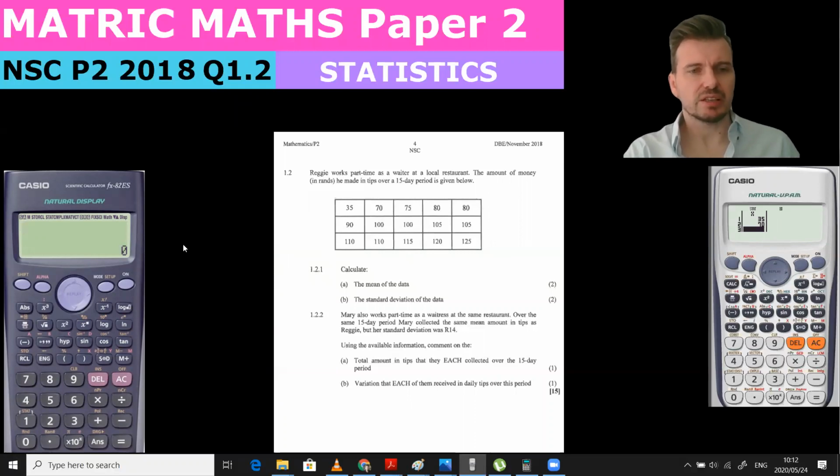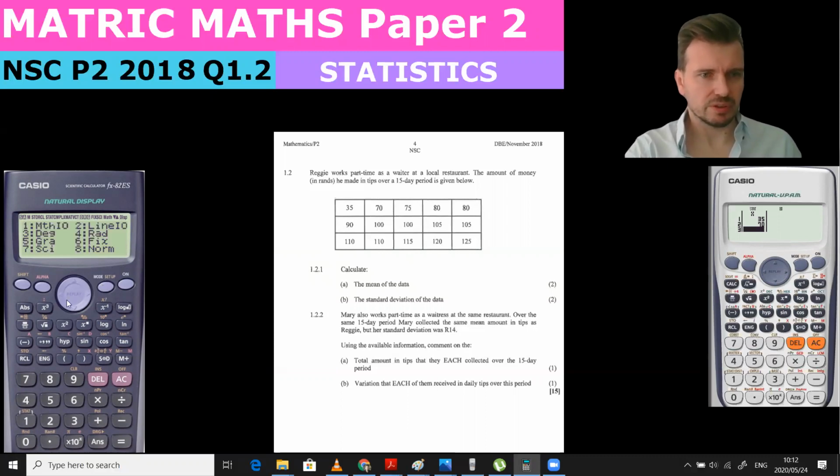But if you get a question with a frequency table in, it's handy that it's already in the mode with a frequency. So on our FX82, I'm going to put that frequency table on just to show you how it looks.